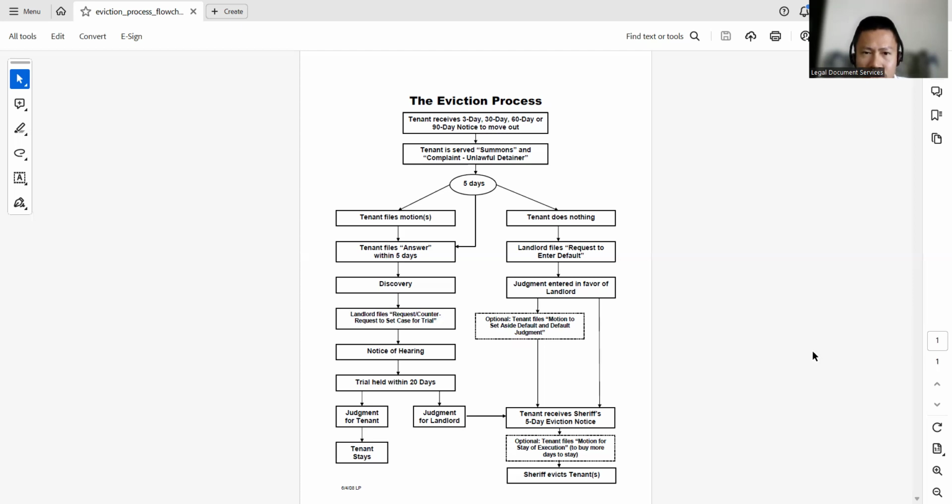So through this whole eviction process, we see that there are many documents to be filed.